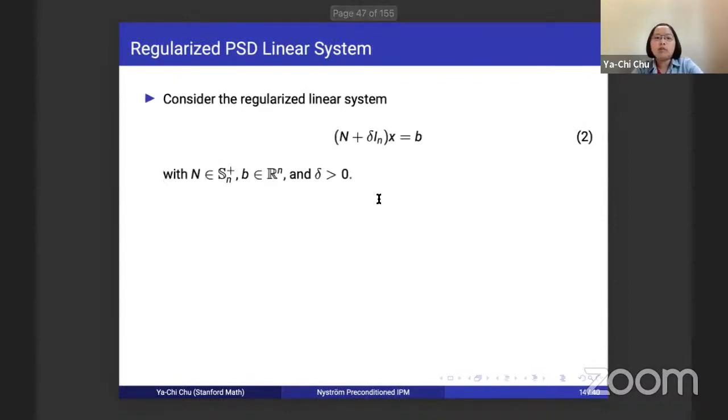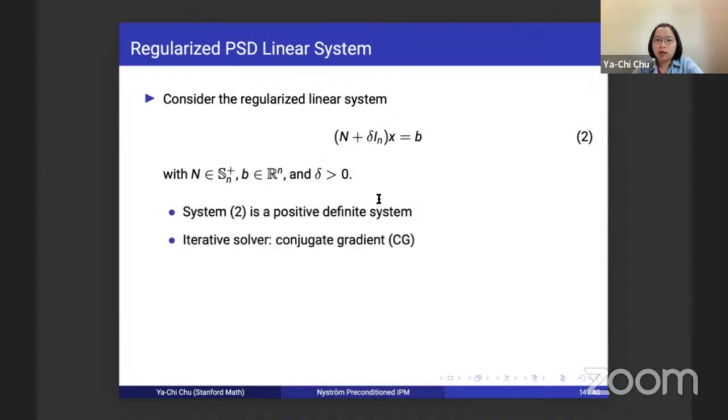So let's say we focus on this regularized linear system. Again, we have a PSD matrix N, and then we have some regularization term delta. We want to solve (N plus delta) X equals B. So we want to solve for X. This is positive definite, and we can apply conjugate gradient to this system.